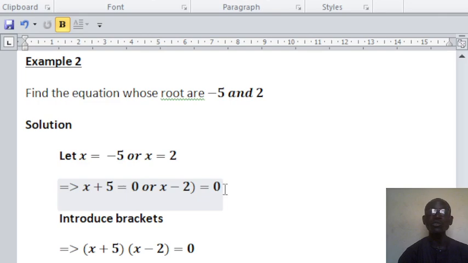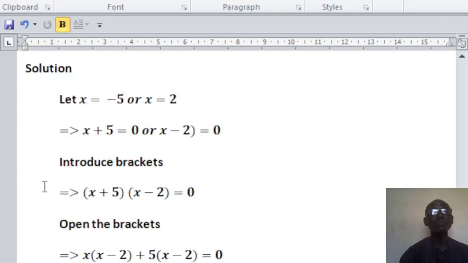From there, you now introduce your brackets, which I did here. Open bracket, x plus 5, bracket close, into open bracket, x minus 2, bracket close, all equals 0.